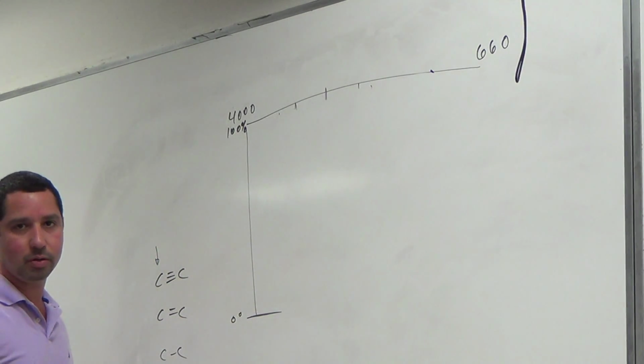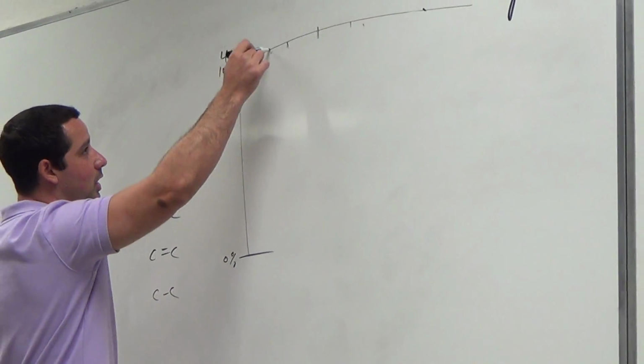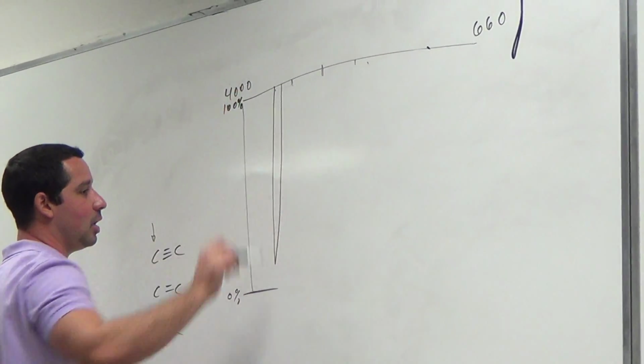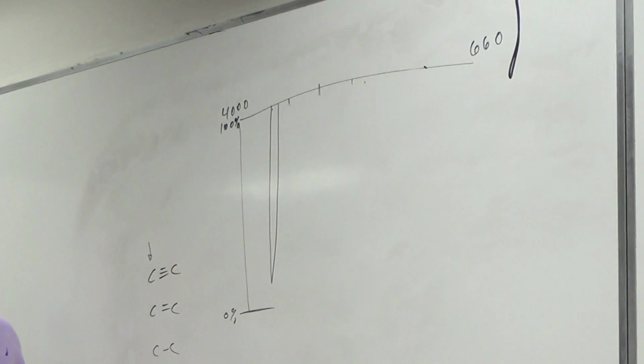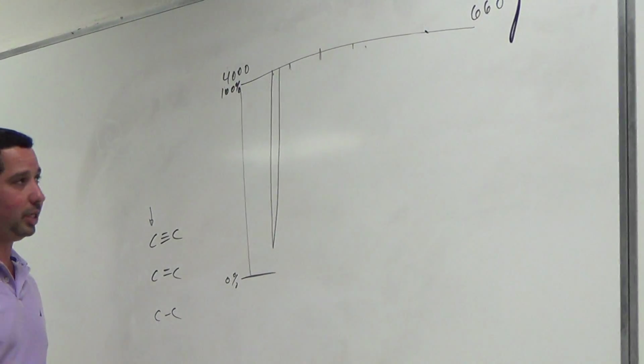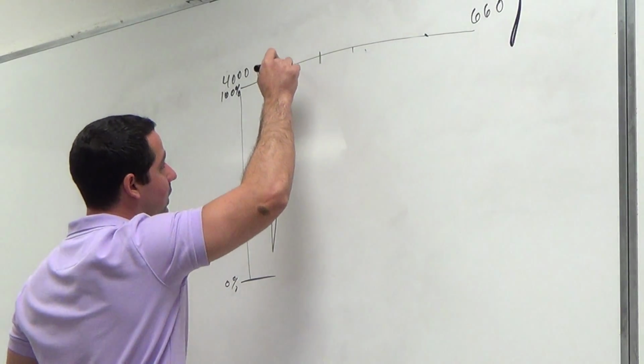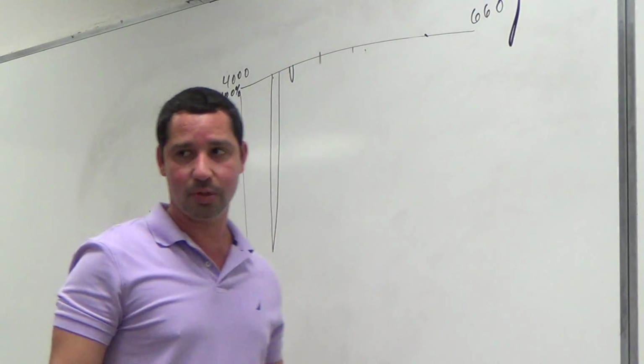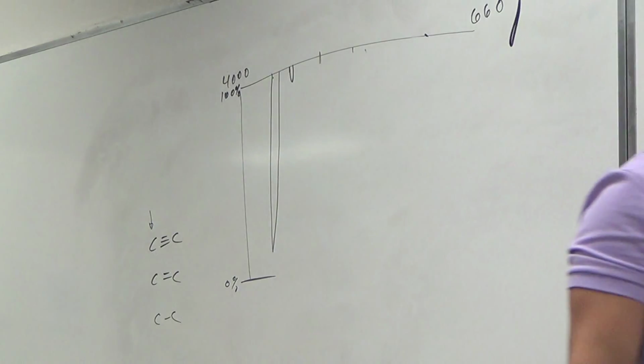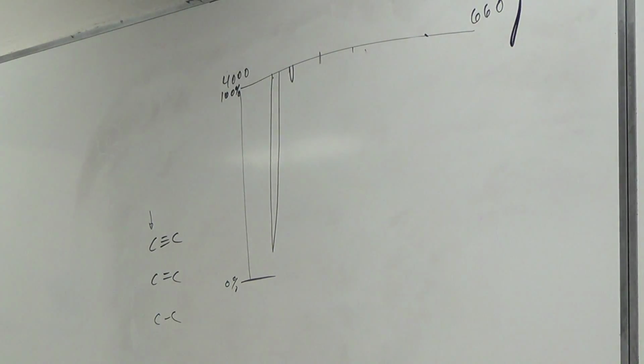It's never 0. This absorption of a peak that goes almost all the way down, is that strong or weak? Strong. This is a strong peak, a strong absorption. If the peak is like this, that is a weak absorption. That doesn't tell you about bond strength. Bond strength is where it is placed in the IR.